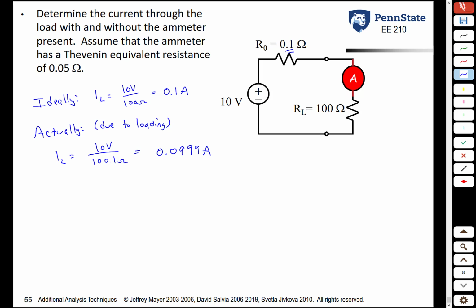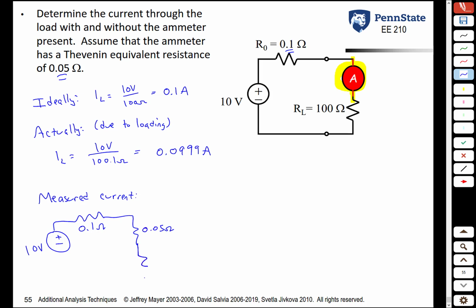So once again, this is the actual current that we get due to the loading effect. But now, if we stick in an ammeter to measure that, we have another thing that we need to take into account, and that is the internal resistance of the ammeter. So the measured current is what? We redraw the circuit, taking the internal resistance of the source into account, now adding the resistance of the ammeter, which we're told in this problem is 0.05 ohms, and then our load resistance, 100 ohms.